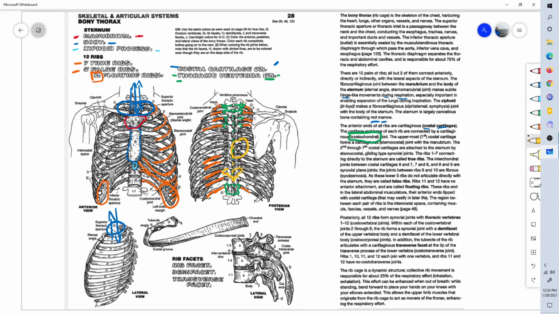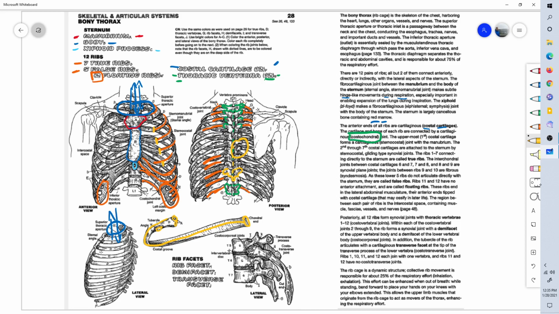These 2 little facets from the rib, a facet is a smooth joint surface. Here and here are the rib facets, and then we have a tubercle, or a bump, right here. So obviously this is the rib, and it has this curved shape to it. Here is the end right here, the chondral end, that connects to the cartilage on the front, on the anterior. But this is what's happening in the back.